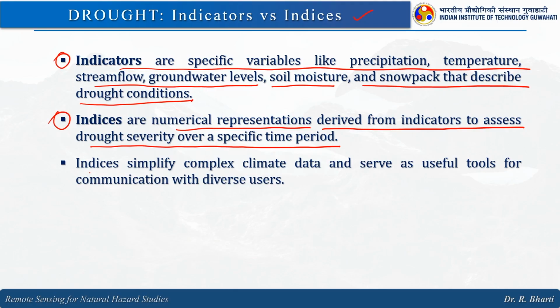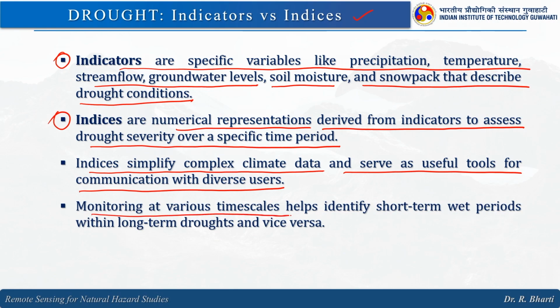Indices simplify complex climatic data and serve as a useful tool for communication with diverse users. Monitoring at various time scales helps identify short term wet periods within long term drought and vice versa.